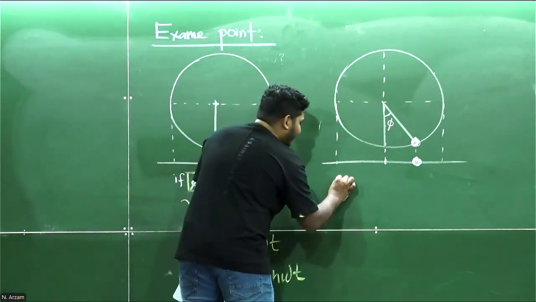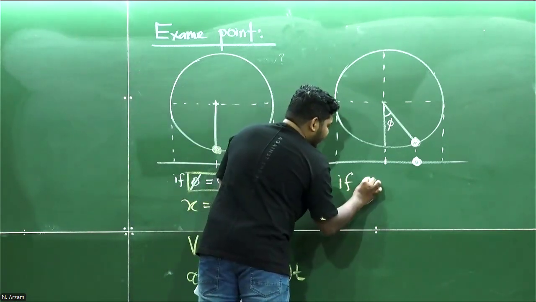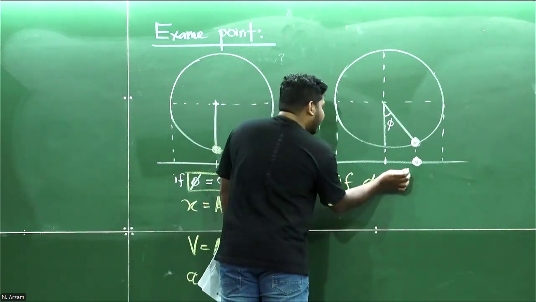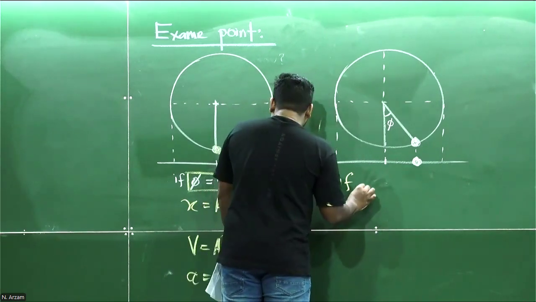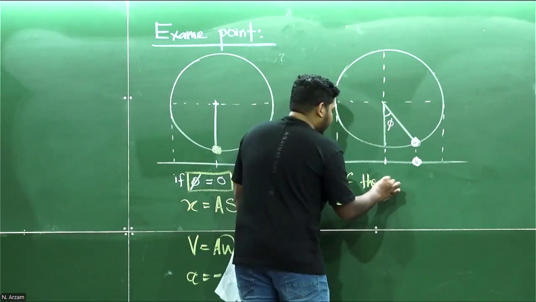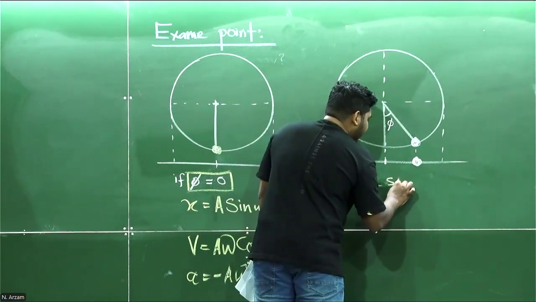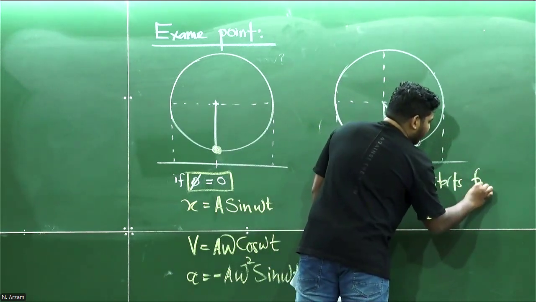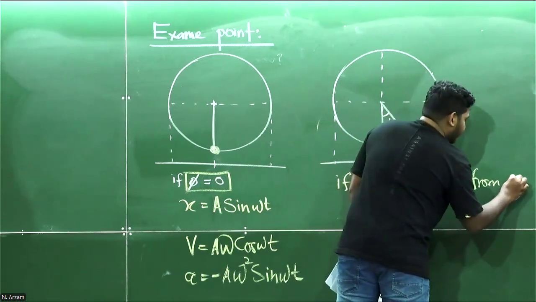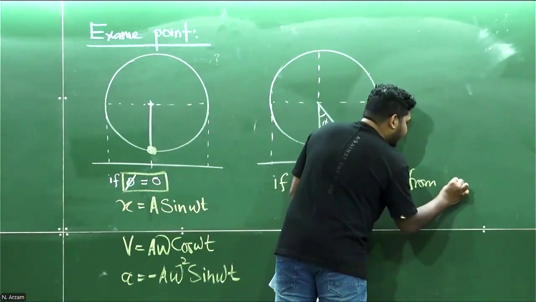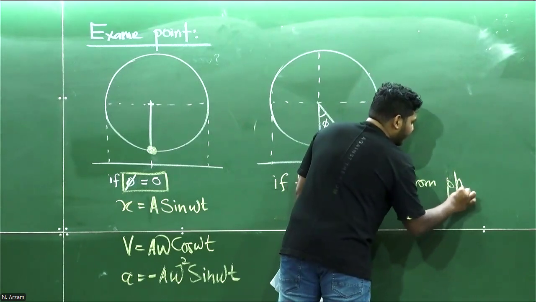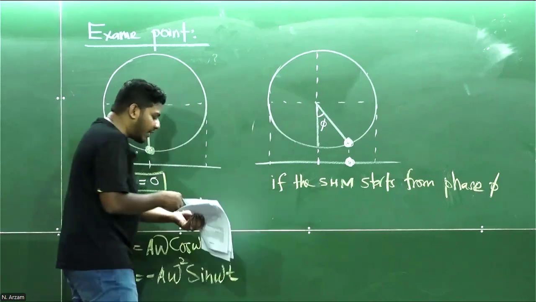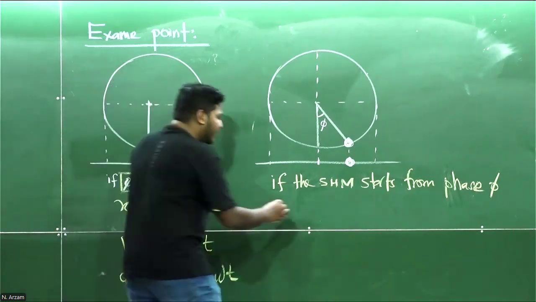Right, look at this one now. If the simple harmonic motion starts from phase phi, guys, the equation looks like this.